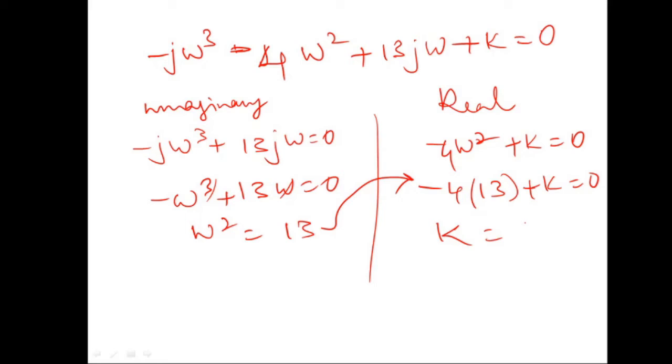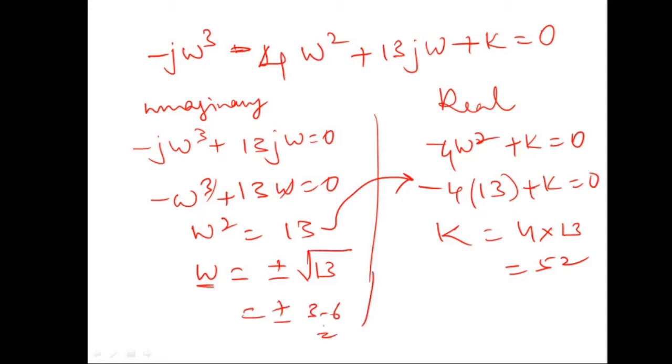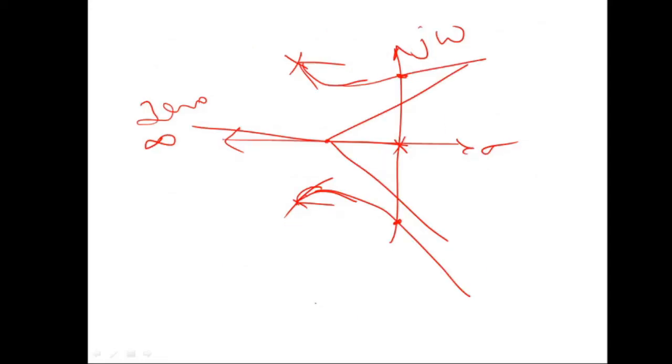So now we got the crossover point from here. What is the crossover point? Omega square is 13, so omega is plus or minus square root of 13, which is plus or minus 3.6. So the value on the imaginary axis is j omega: plus j 3.6 at this point and minus j 3.6 at this point.